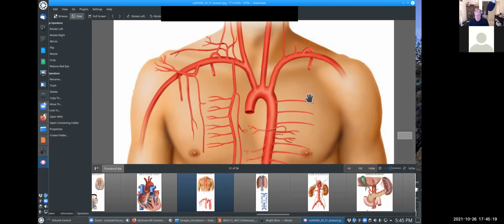So the other thing we looked at, on the back of the chest wall where it was opened up, was an artery that was stuck to the inside of the chest wall. It comes off right here. You remember what that one is? Internal thoracic.